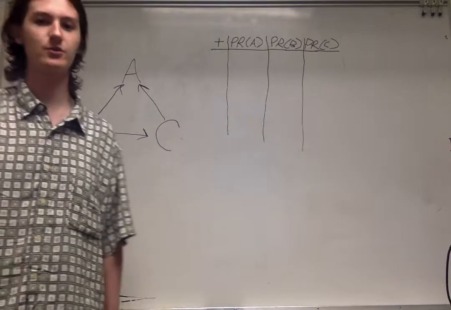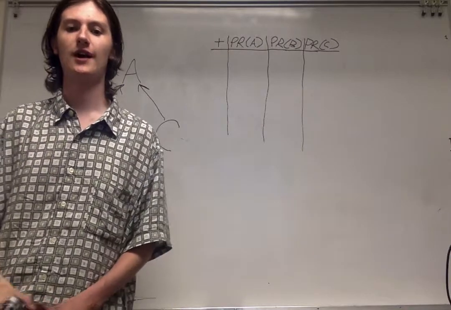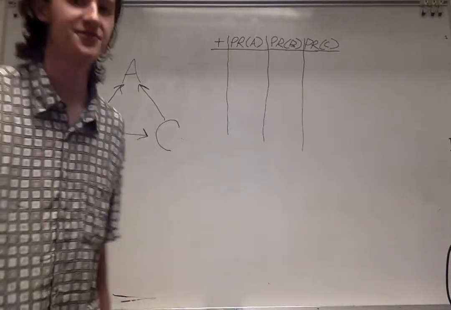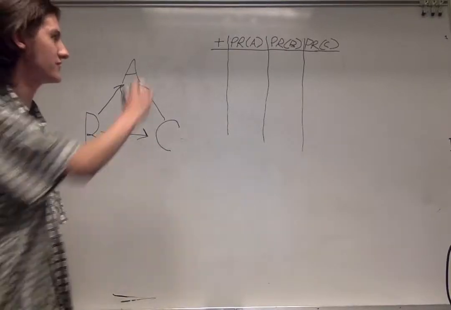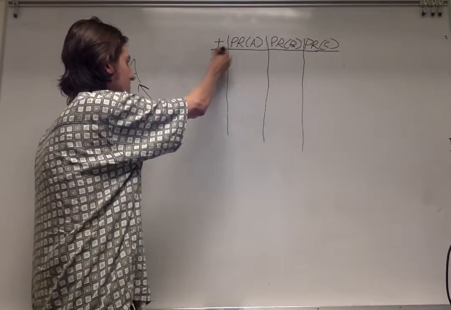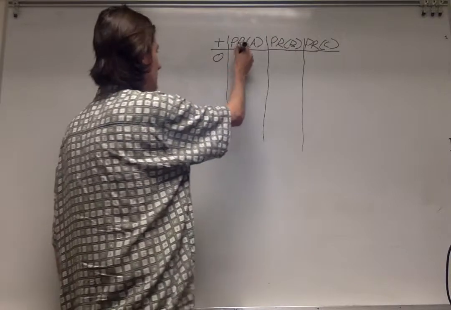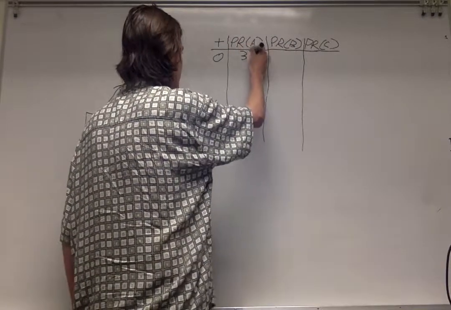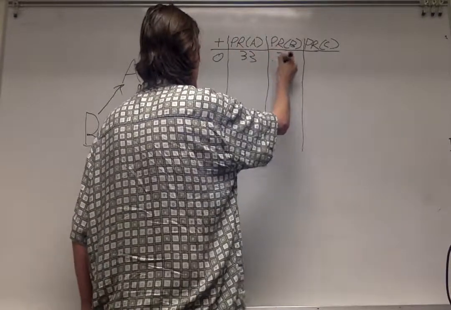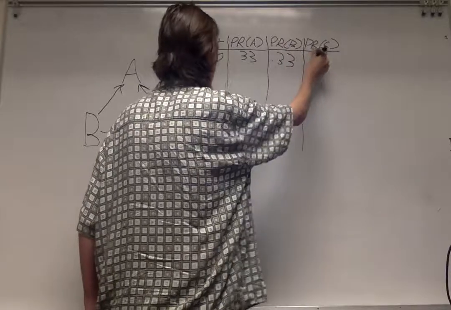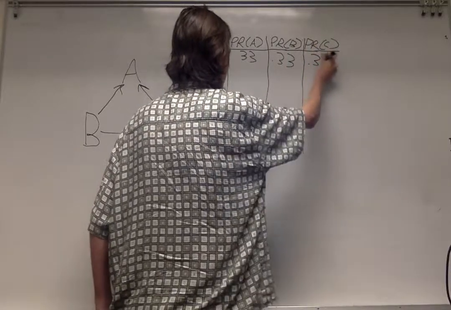Initially we know that our first step is 1 over n. So all of these values at time step 0 will have 0.33. Well, 0.33 repeating, but basically 0.33.